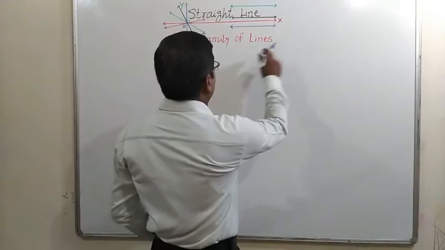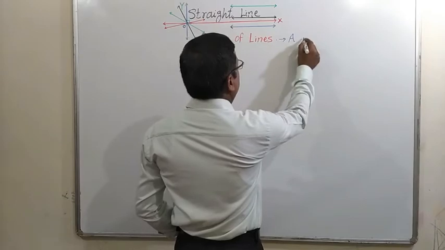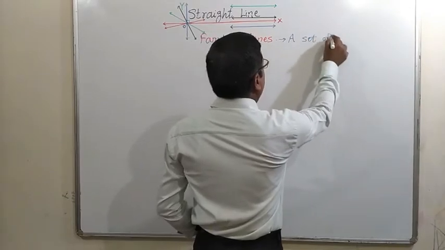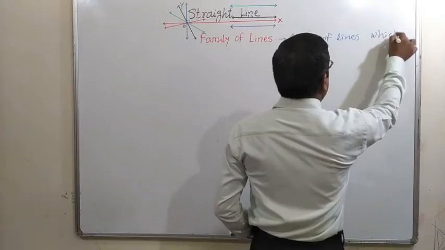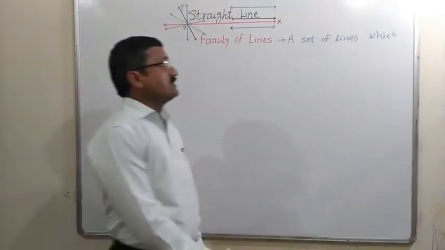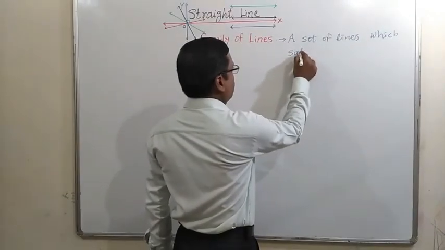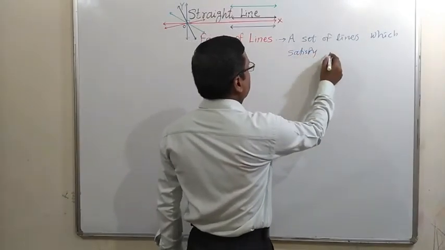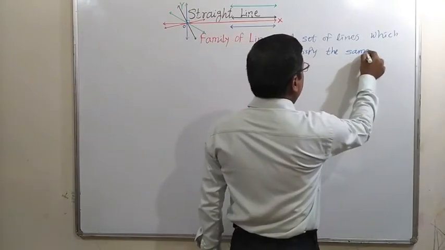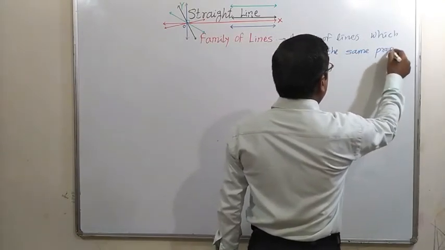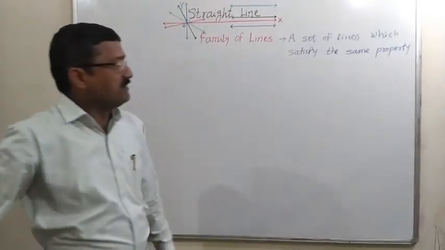The common definition of family of lines: it's a set of lines which satisfy the same property is called as family of lines.